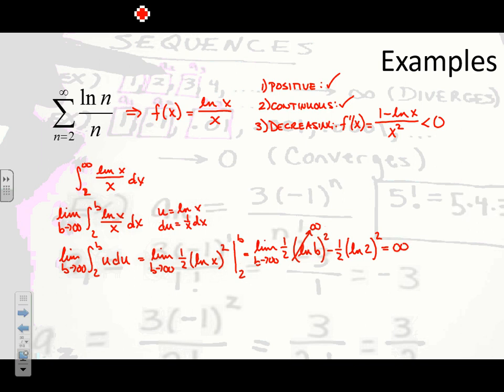So, since our integral ends up going to infinity, that means our series diverges. Okay, so it diverges by the integral test. Okay there?